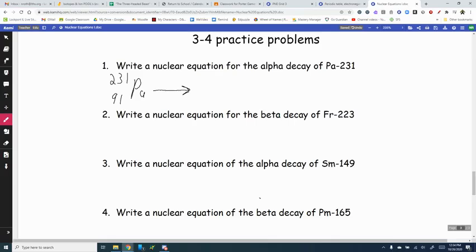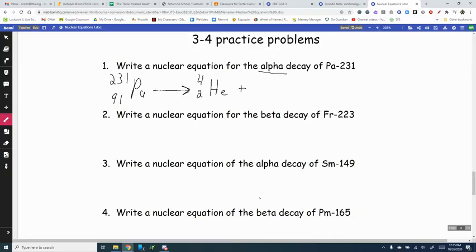products. Now, since this is alpha decay, one of the products for alpha decay is always going to be 4, 2 helium. So mass number of 4, atomic number of 2, helium. That will always be one of the products of alpha decay. The other one is going to be what's left of the Pa when the alpha particle splits off of it.